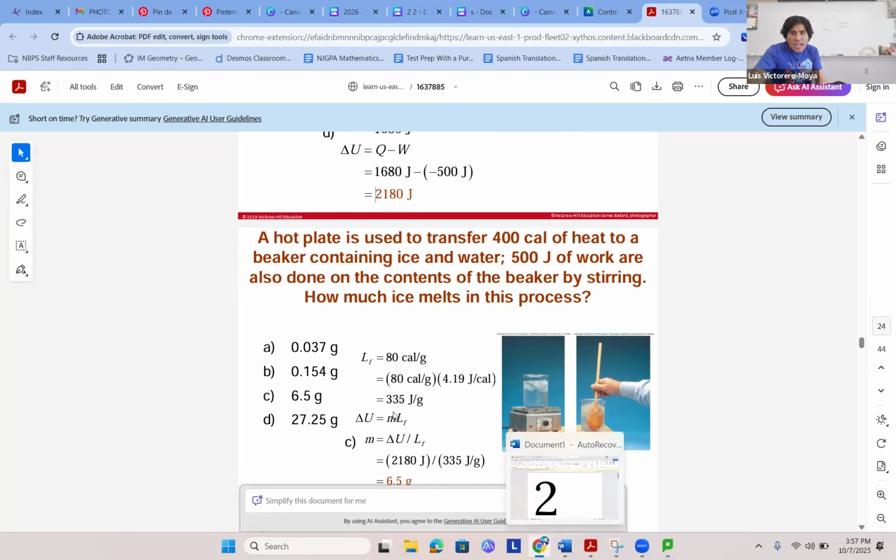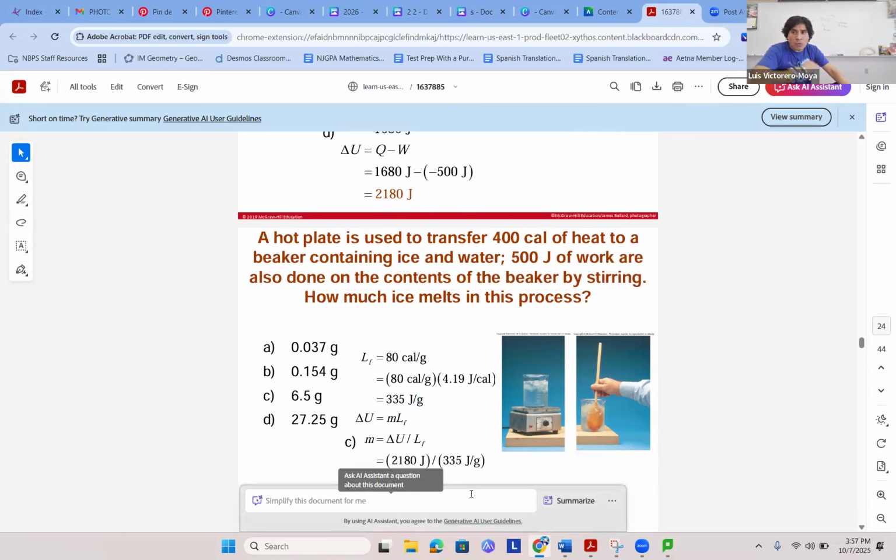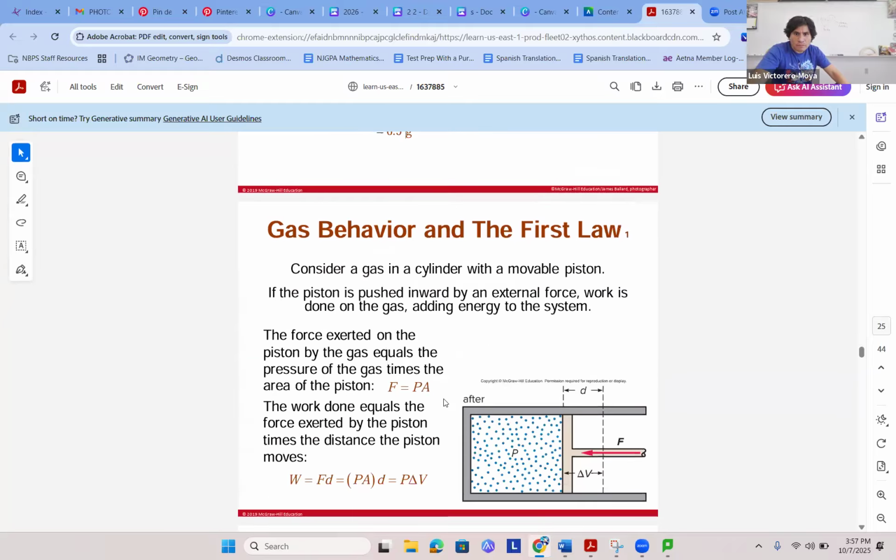You can change the latent heat of fusion from calories to joules per gram here. If it was per kilogram, it would be even more than that, because 1,000 grams is 1 kilogram. Okay?